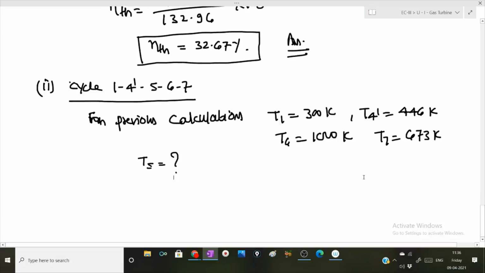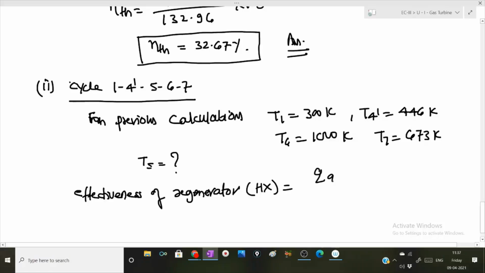Now how to calculate this? For that we have to recall the effectiveness of the regenerator, or effectiveness of the heat exchanger as regenerator, and this is Q actual over Q max.